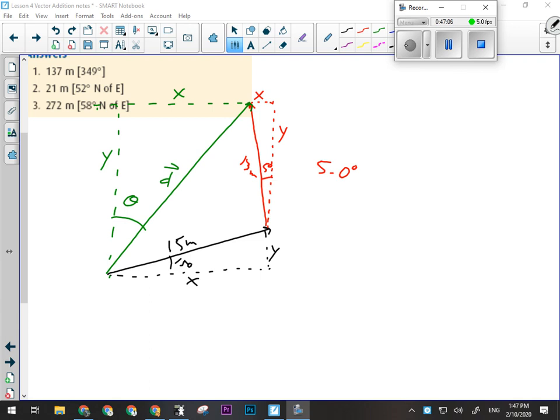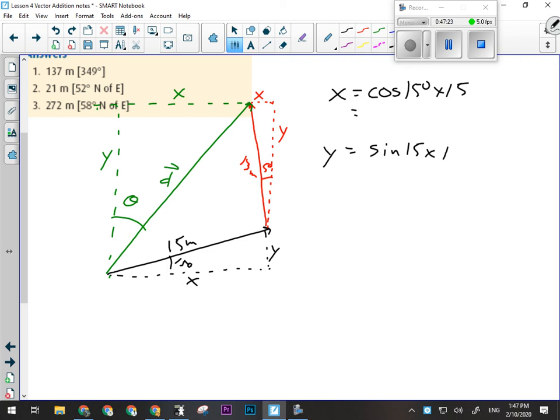For the sake of time here, guys, I'm just going to get this one finished up. We're looking for black X. It's the adjacent side to my angle, so black X will be the cos of 15 degrees times 15 meters. Y is the opposite side, so that'll be the sine of 15 degrees times 15 meters.